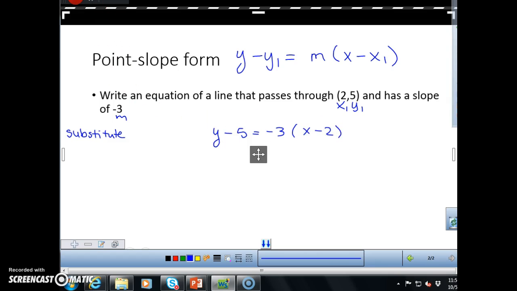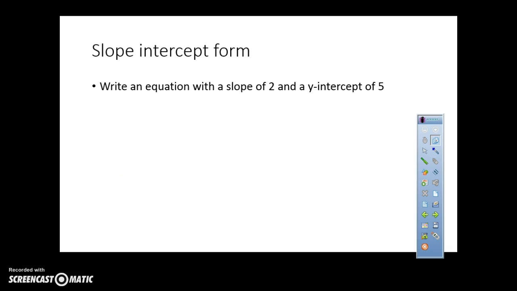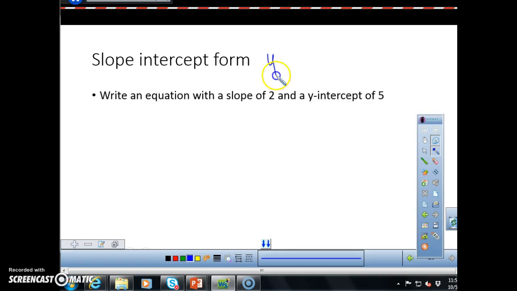And then you're done. y equals mx plus b, where m is the slope and b is the y-intercept. It's where it crosses the y-axis.